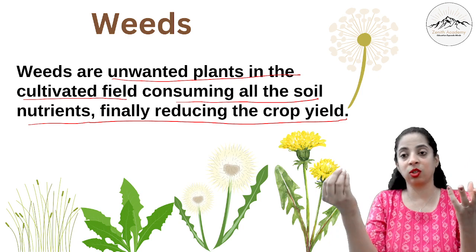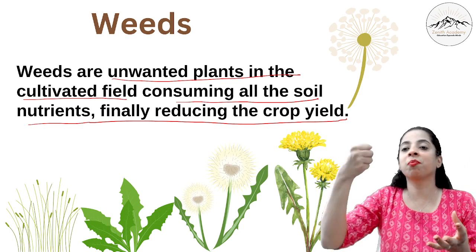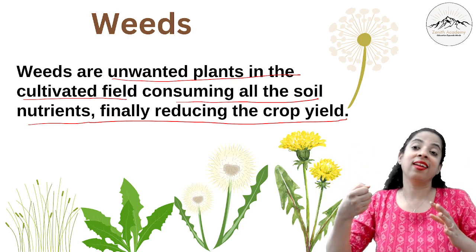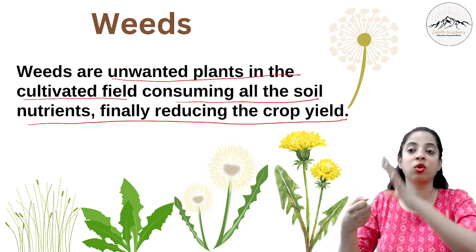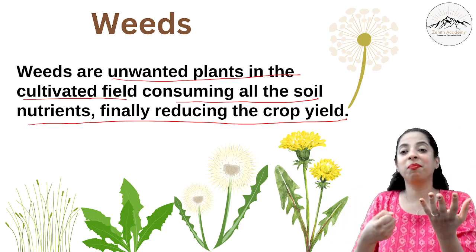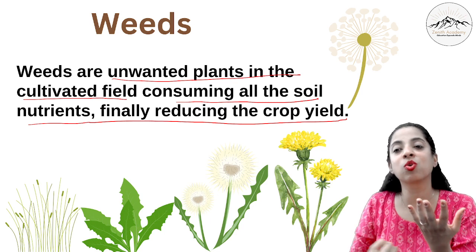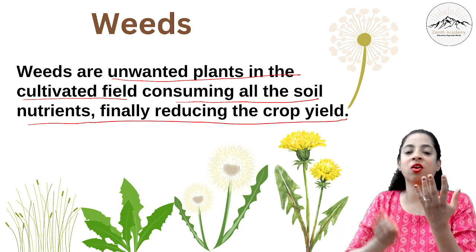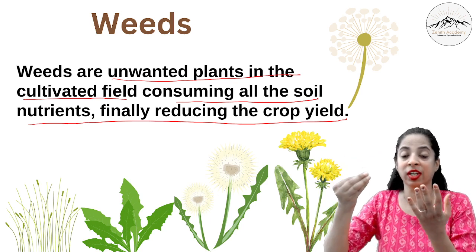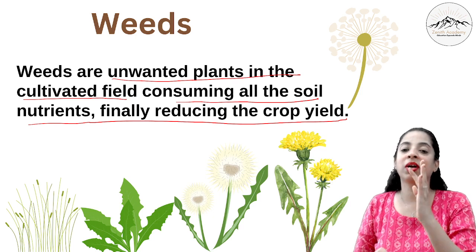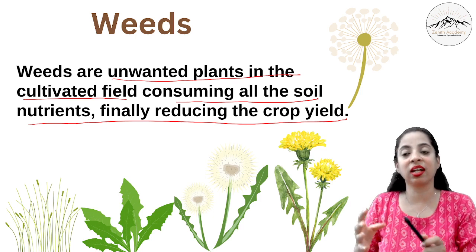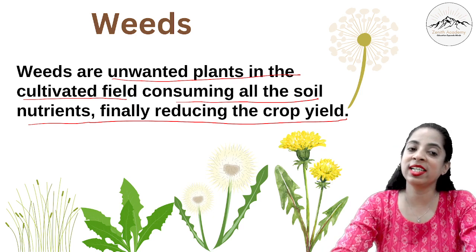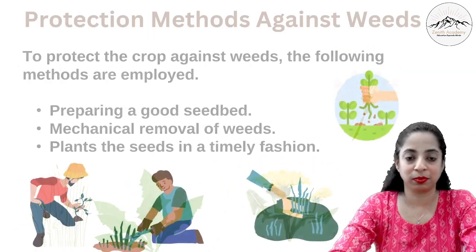Now when these plants grow, they will obviously take some nutrients from the soil, and our main crop that we want to grow will not be able to get so many nutrients because this unwanted plant has taken some of the nutrients. So the yield or the production of the main crop may get affected. So what are weeds? Weeds are unwanted plants.